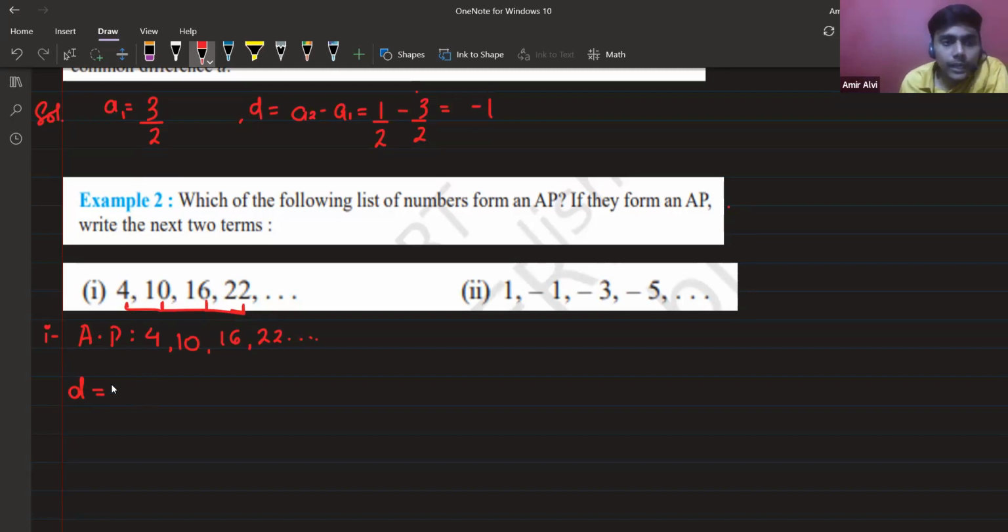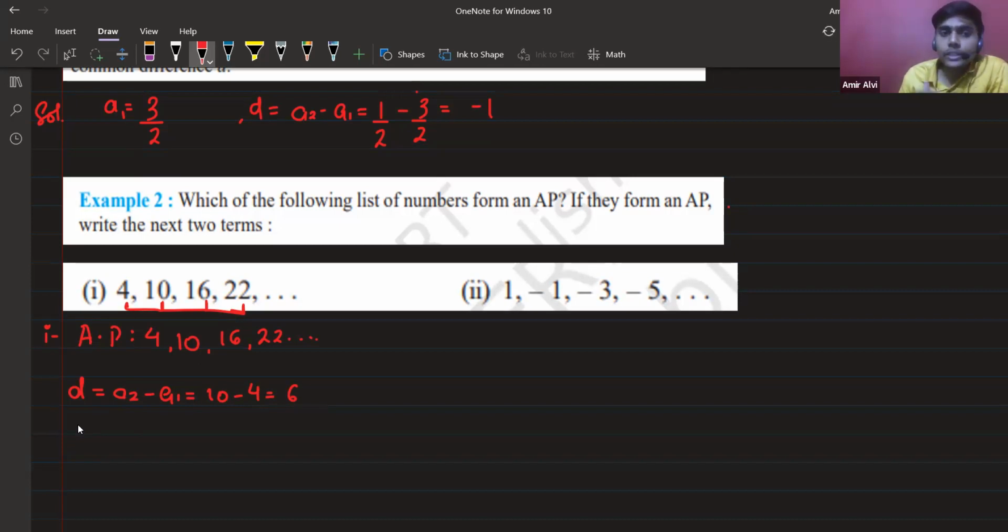So let me write d as a2 minus a1. What is the value of a2? 10. What is the value of a1? 4. So it's 6. We have got the common difference.